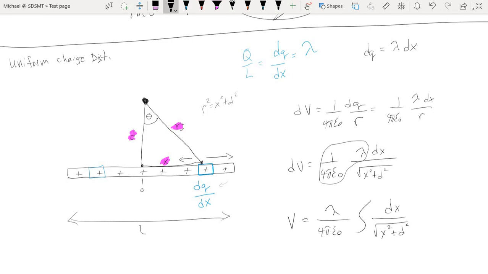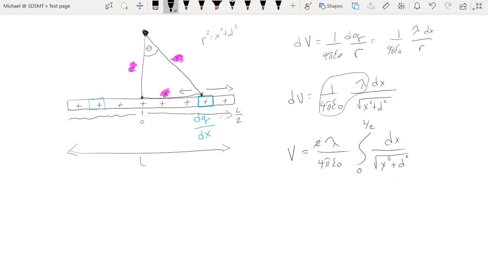So we could call that 0. And then we're going to integrate out to the end of the line, which technically is only L over 2 in terms of length. But then everything that happens on the left-hand side is just going to be a duplication. And so we could slap a 2 in front of everything and then integrate from 0 to L over 2.